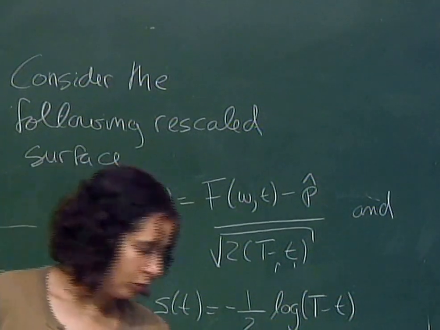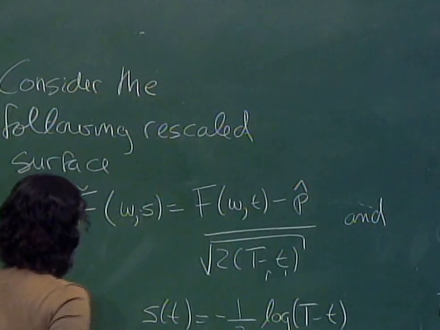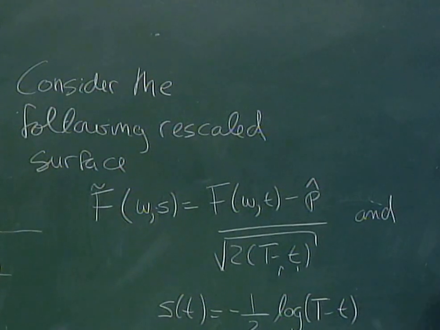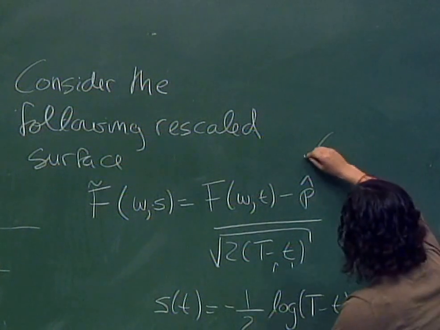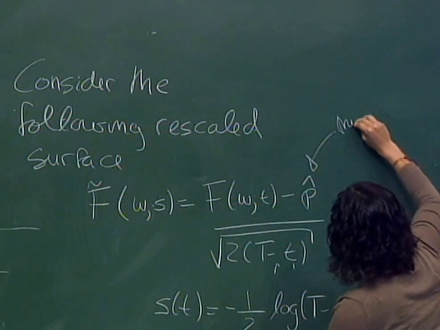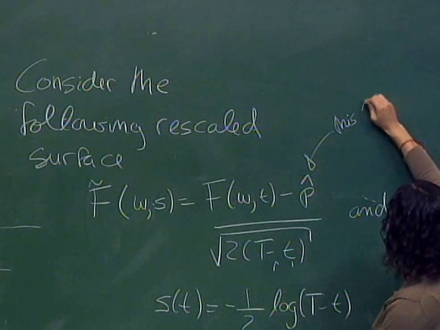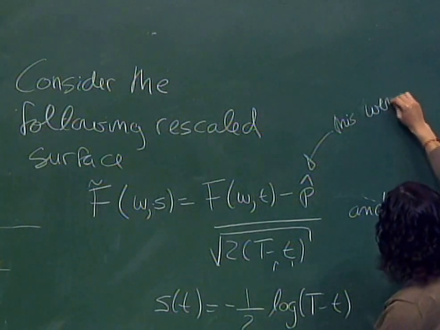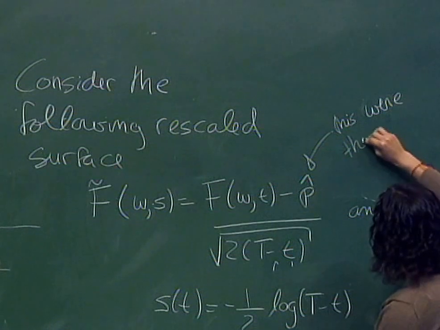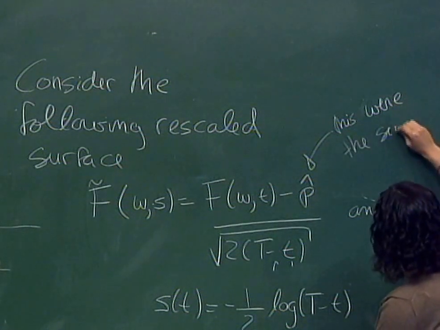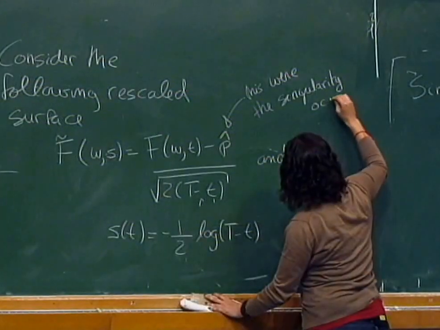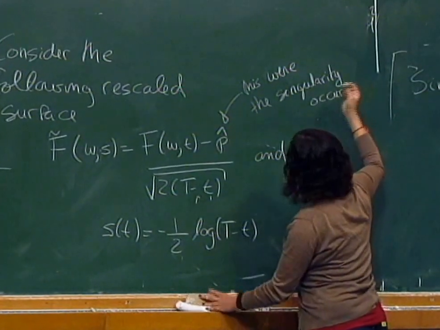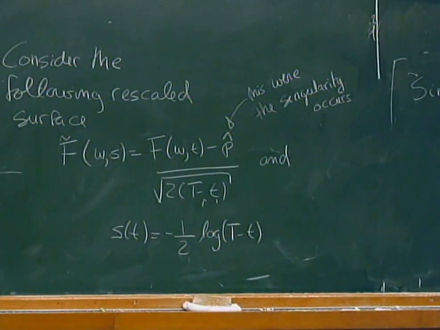Okay, so this point here, this is morally where the singularity happens. So in my example before, basically 0 would be my p hat.